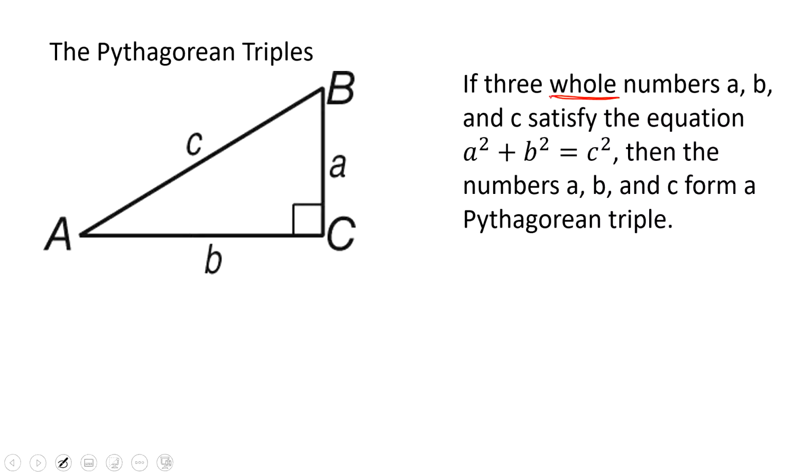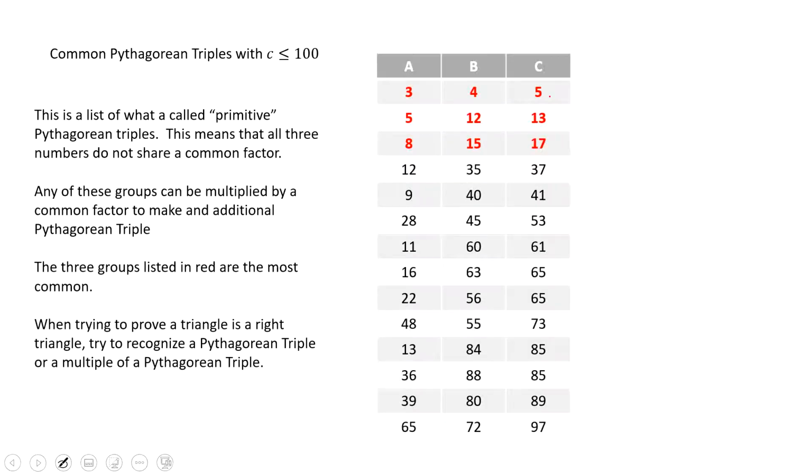The next sheet I have here is a list of what we call primitives. I'll explain that in a minute. They're the primitive common Pythagorean triples up to the point where c is less than or equal to 100.